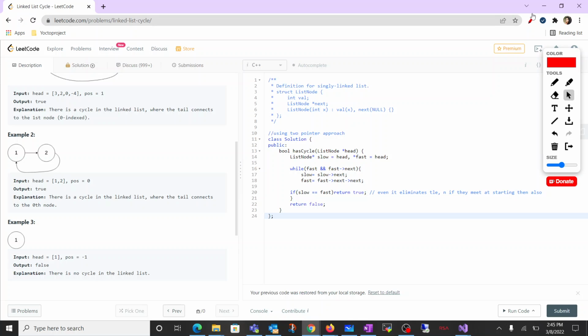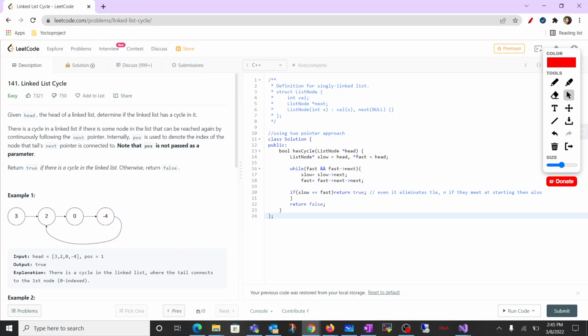Now comes the fact that as per the question, we are given a head, that is the head of this linked list. We need to determine if the linked list has a cycle in it, right? There is a cycle in a linked list if there is some node in the list that can be reached again by continuously following the next pointer.